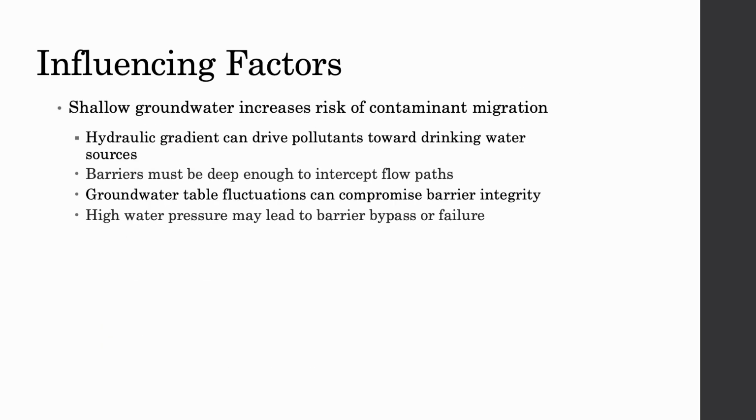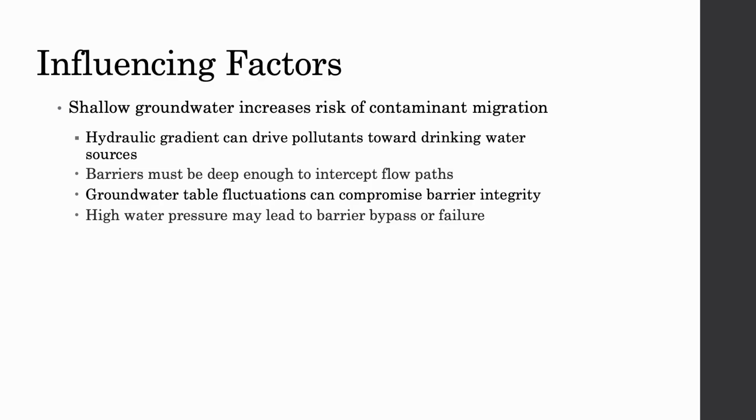Another major factor to consider is how close the contamination is to groundwater. If the water table is shallow, then there's a greater risk that contaminants will move quickly and reach drinking water sources. This means that any barrier must go deep enough to block those flow paths.